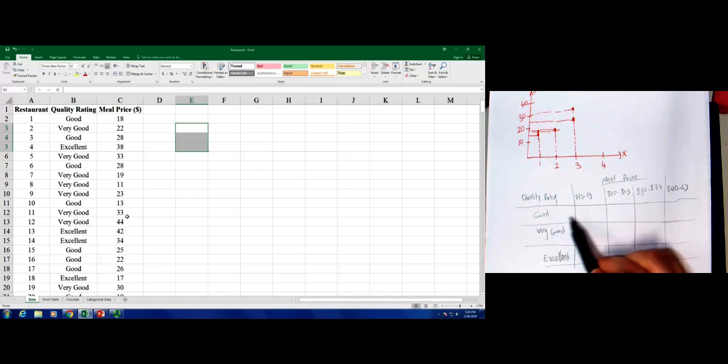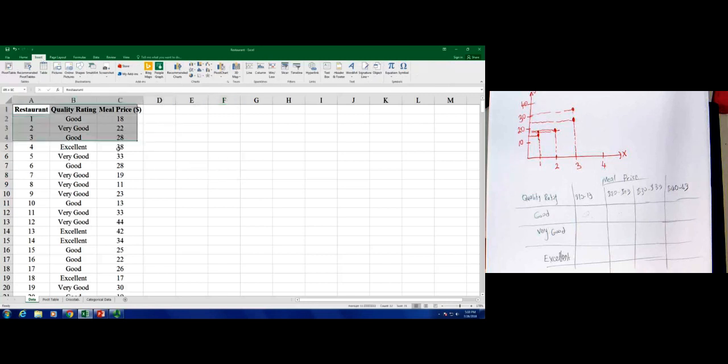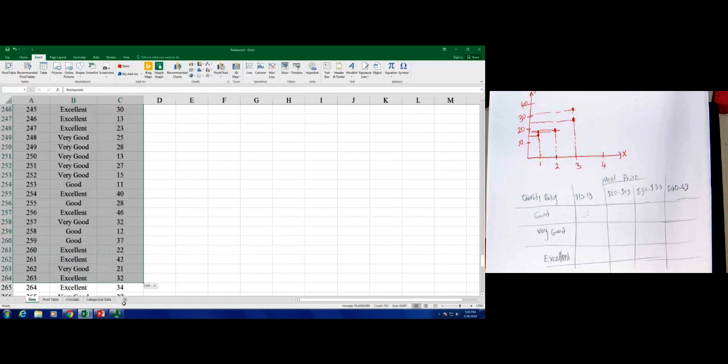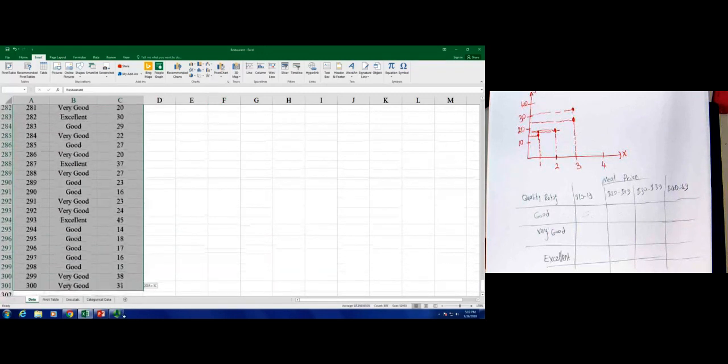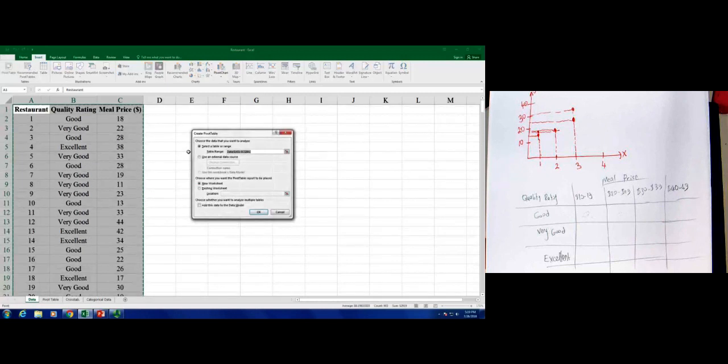And good quality rating, so good, and in this price range, 10 to 19. How many do we have with good quality rating and in this price range? We cannot manually count this, it will take so much time. Now how can we use Excel to summarize this? We go to Insert, we select the entire data, go Insert, Pivot Table.